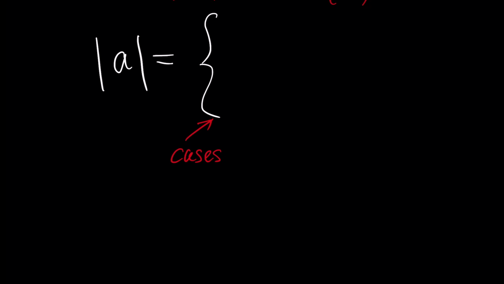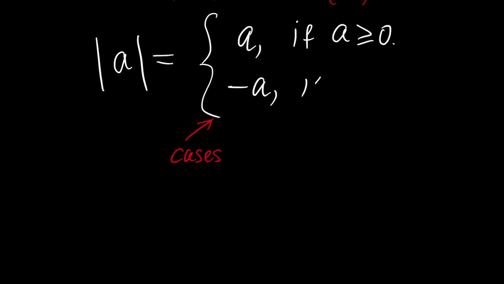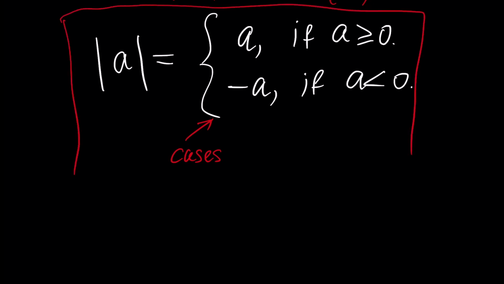The absolute value of A is equal to A if A is greater than or equal to 0, and it is minus A if A is less than 0. So this is the general definition, and you now know what the absolute value of any number is.